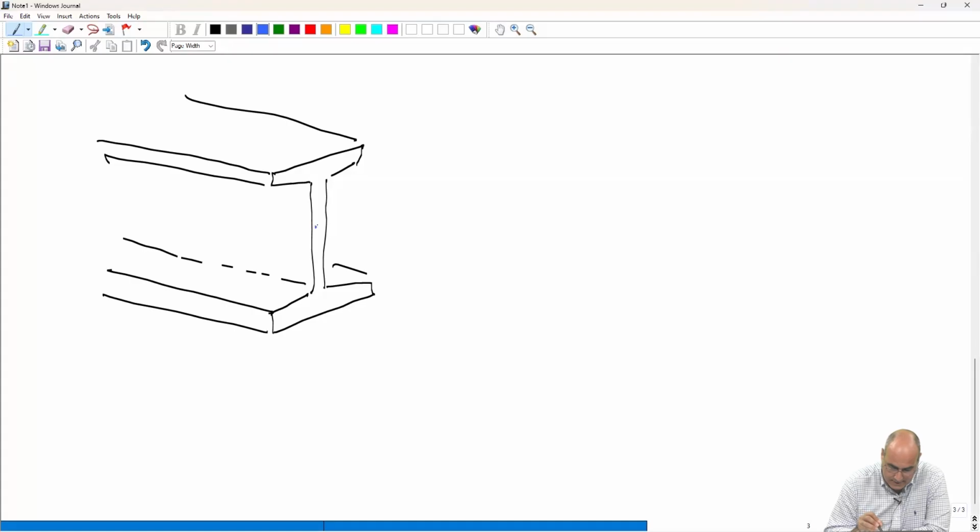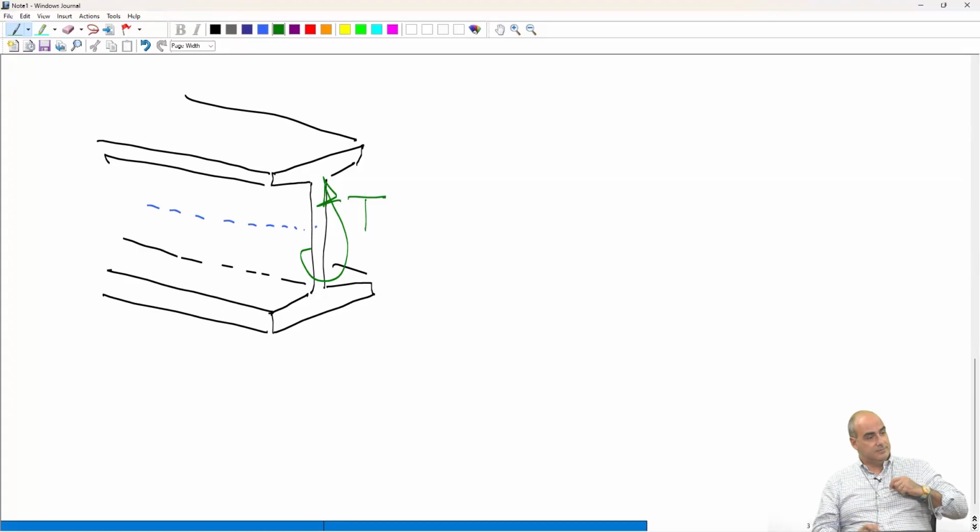And here is the axis of the beam. And there is always this torsion moment here, T. Let's try to go back to the solid mechanics. If we have a solid, okay, and we apply torsion at both ends, equal and opposite for equilibrium, what does it happen?